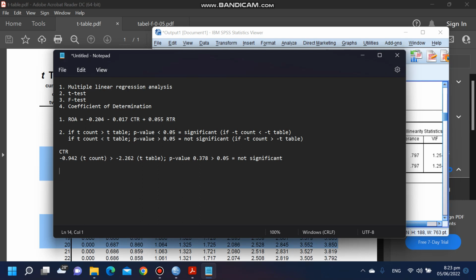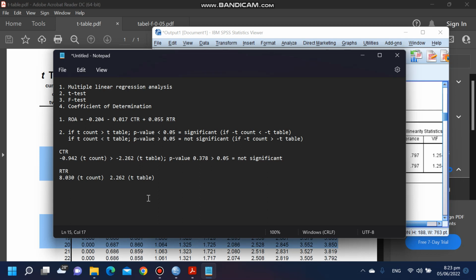And then we go on to receivables turnover ratio. The t count is 8.303, and your t table is 2.262.